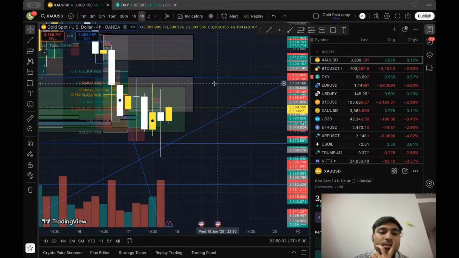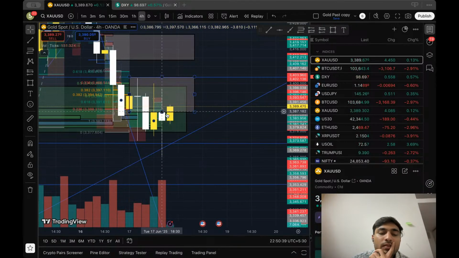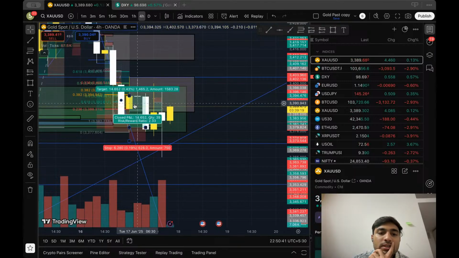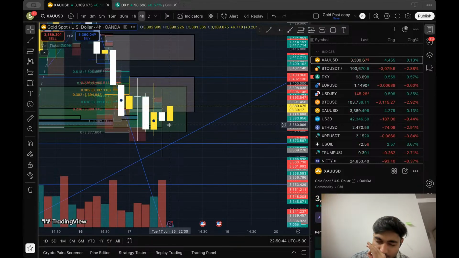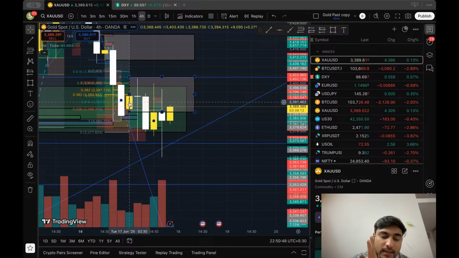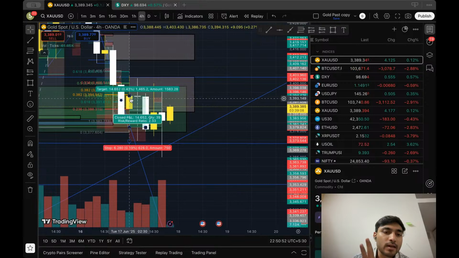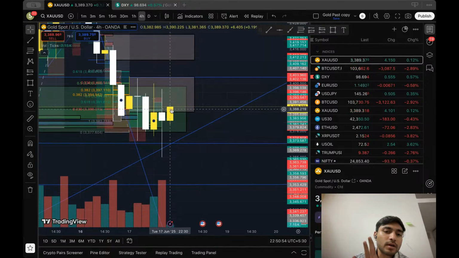Then we have a red candle, like we should, because it should take resistance from this. Now as the red candle has been formed, this order block is fulfilled. Now it has no need to fill any resistances from here. This can close above this.